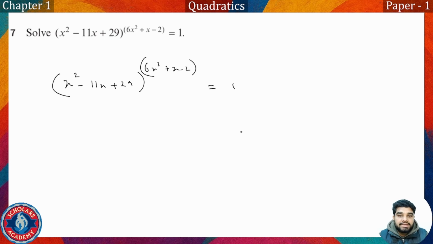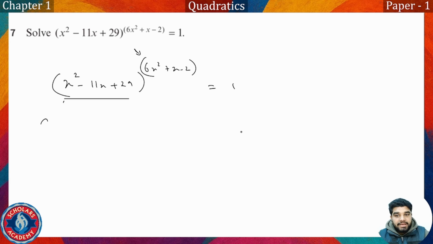As I told you in some previous questions, we can also take the root of this, so that on the right hand side we get 1, and on the left hand side this power will be cancelled out.